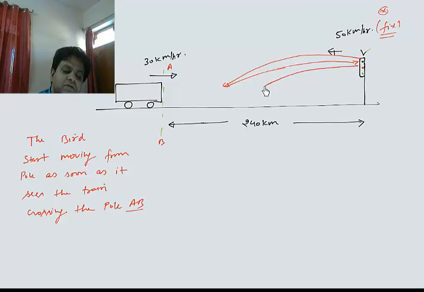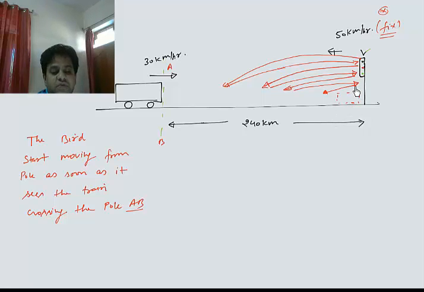Then again the bird comes back to the train with the same speed and returns back. The process keeps going on until the train reaches this signal. So at the last, what we observe is this bird keeps on touching this train very fast, like this.